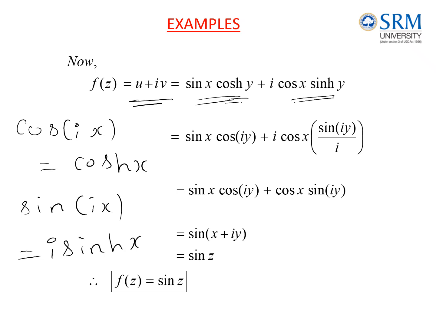This is the relation between hyperbolic function and circular function. So I can rewrite cos hy as cos of iy and the sin hy as sin iy divided by i.